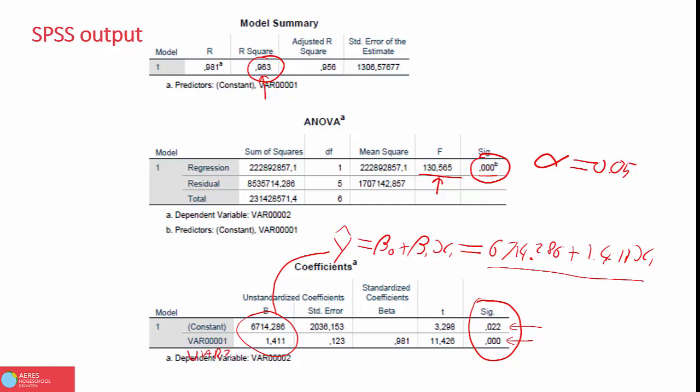Let's say variable 2 with some values. And it again will give us a significance value, and let's say that it's 0.1, for example. In that case, we know that this is higher than our alpha, right? 0.1 is bigger than 0.05, meaning that this second predictor does not contribute significantly to our model.